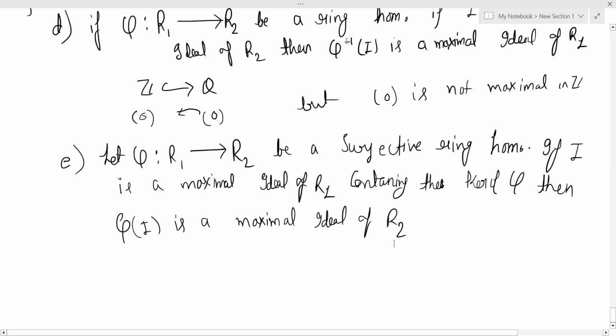Z to Q, the identity mapping, sir. But it is injective but not surjective, and it is asking about surjective. Another example.